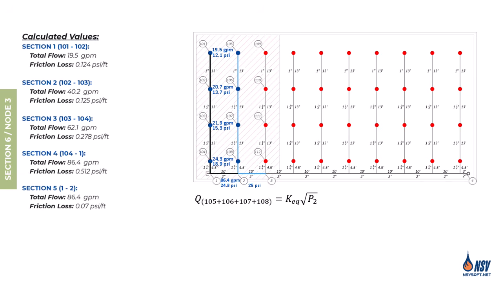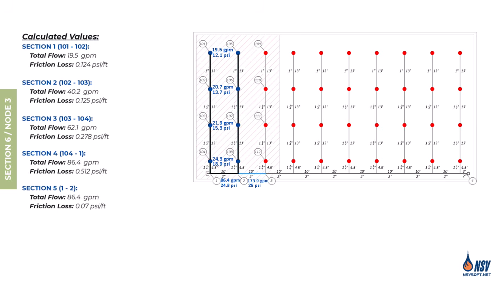By knowing the pressure at Node 2, we can now calculate the flow rate discharged from sprinklers 105 to 108. The equivalent K-factor is 17.5 and the pressure at Node 2 is 25 psi. Using the formula, the flow rate in this branch line calculates to 87.5 gallons per minute.